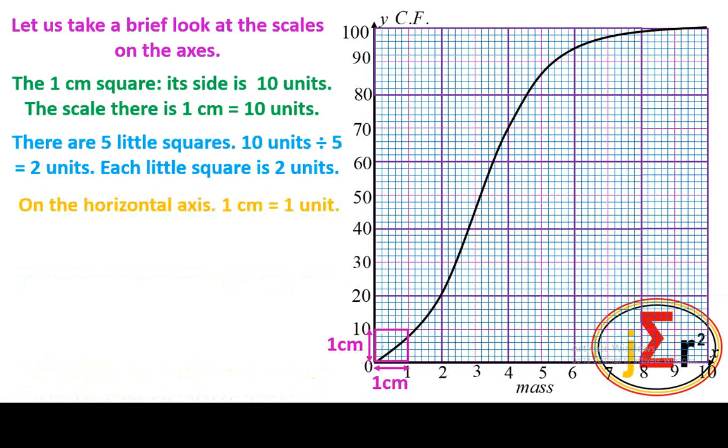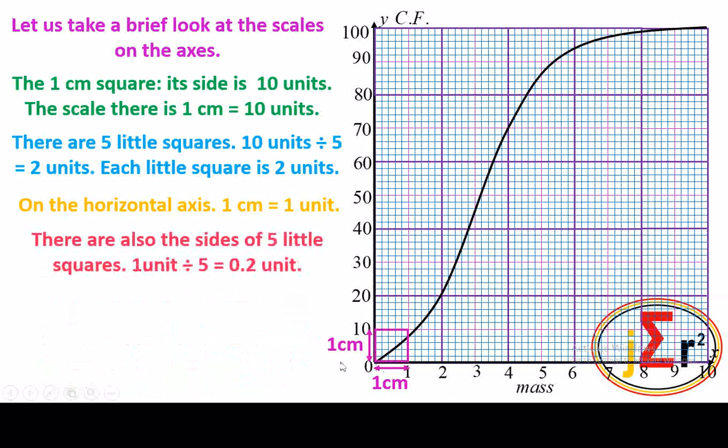We will go on the horizontal axis, which is the mass axis, or typical x-axis. On the horizontal axis, 1 centimeter is equal to 1 unit, as you can see. 1 centimeter, 1 unit.